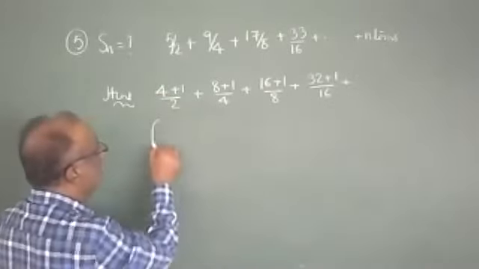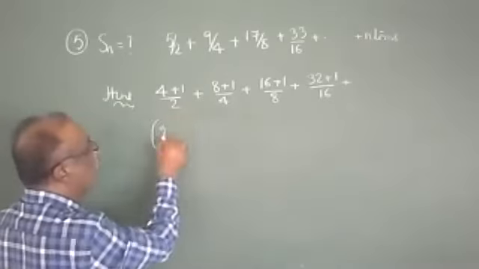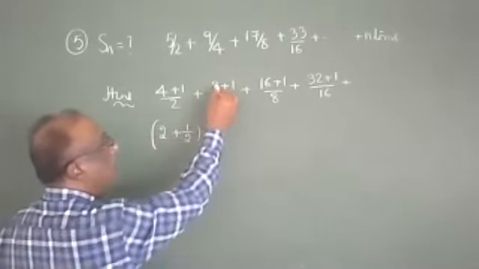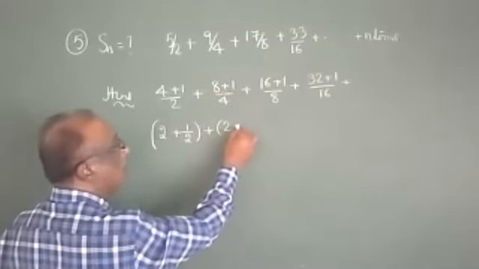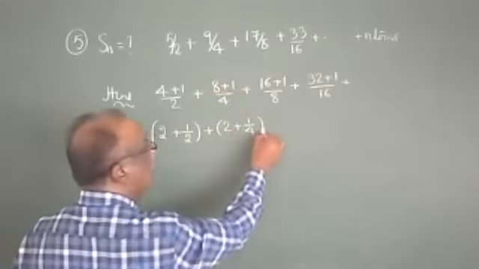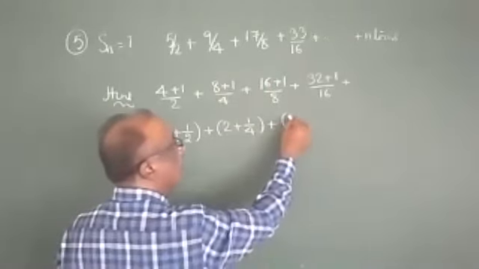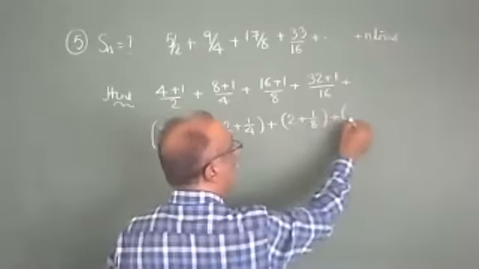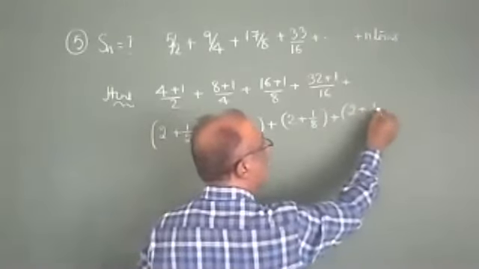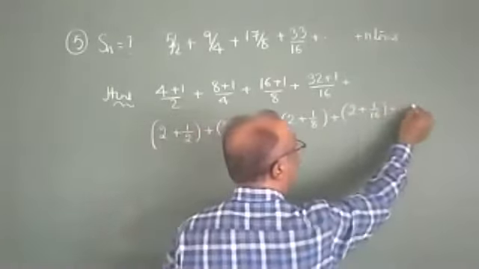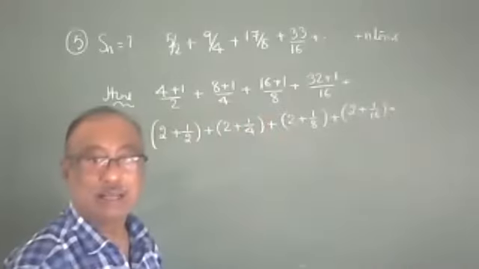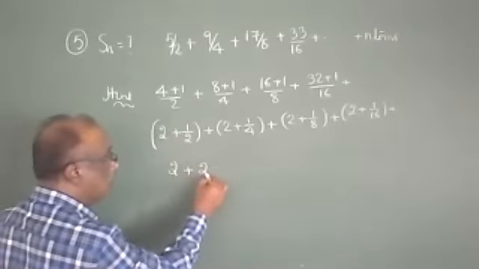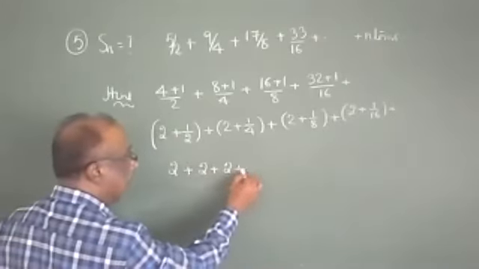Now separate. 4 by 2 is 2 plus 1 by 2, plus 8 by 4 is 2 plus 1 by 4, plus 2 plus 1 by 8. Next, 2 plus 1 by 16, and so on, going on up to n terms. Separate: 2 plus 2 plus 2, n times.